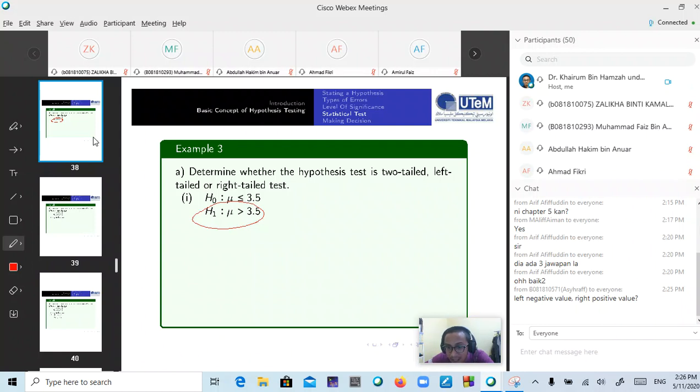Yes, left negative value, right positive value. Even though the table will give you a positive value, if it is a left tail, automatically we have to transform it to negative.